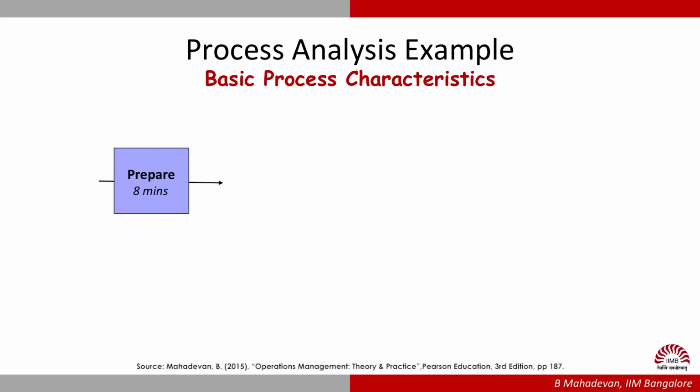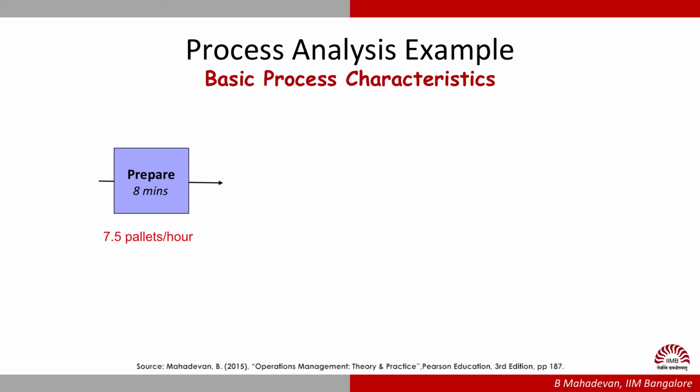What we will do first is, so far we have been talking in processing times. We will convert everything into what I may call the production capacity of each workstation. Let's look at it. The preparation takes 8 minutes. So instead of saying 8 minutes as the processing time, we can say 7.5 pallets per hour.